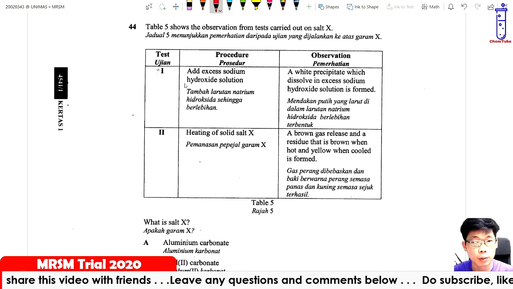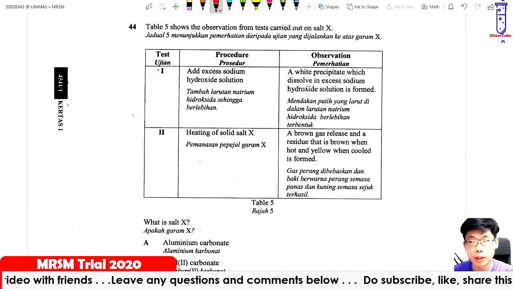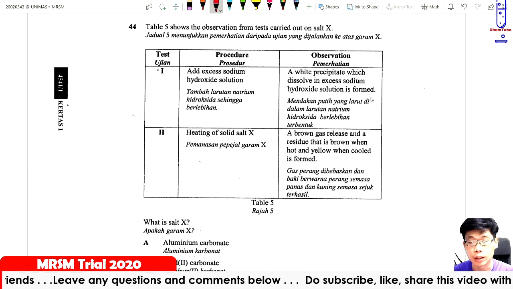Table 5 shows the observations for the tests carried out on salt X. Test 1, excess sodium hydroxide. A white precipitate which dissolves in excess sodium hydroxide solution is formed.